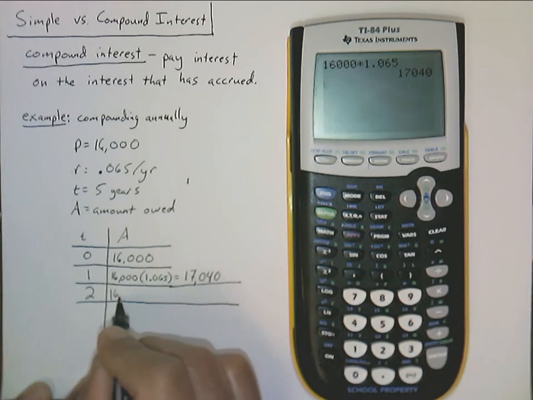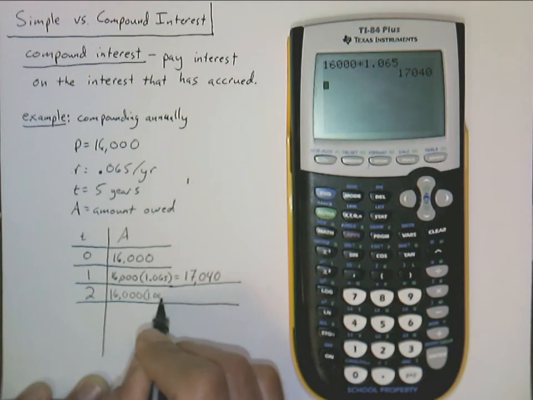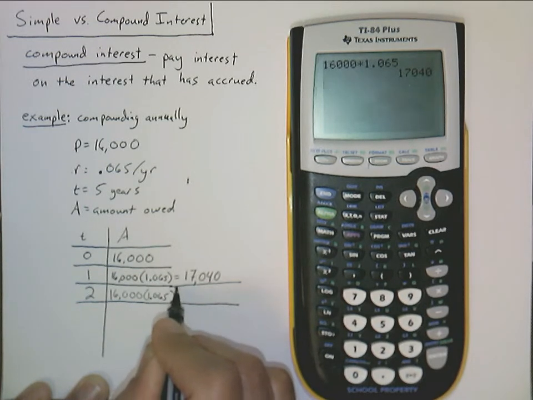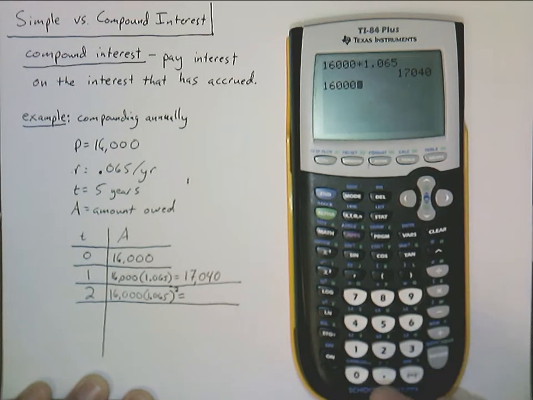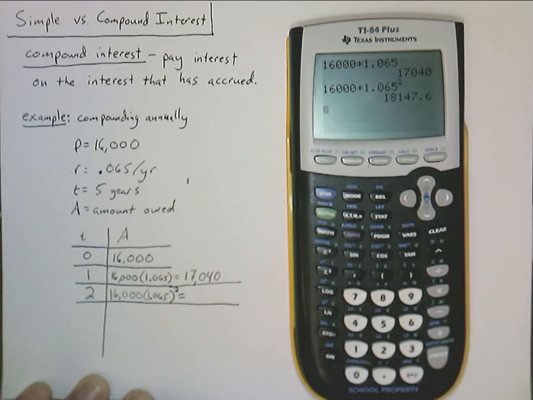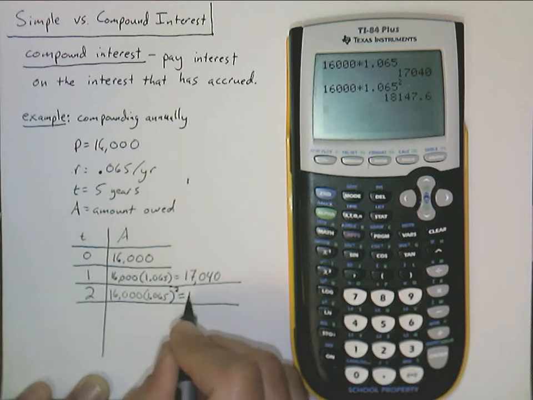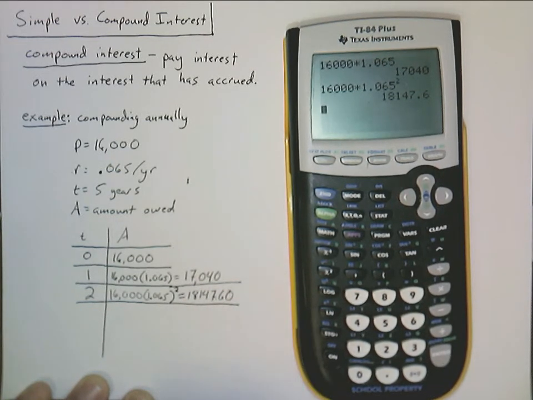Or after 2 years, we're going to be paying back 16,000 times 1.065 times another 1.065, or we just make that 1.065 squared. 16,000 times 1.065 squared means that now we're going to have to pay back $18,147.60.